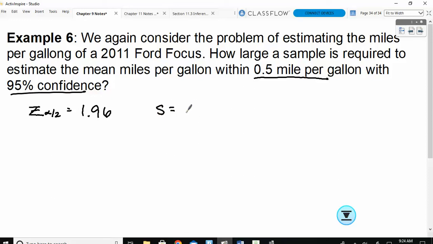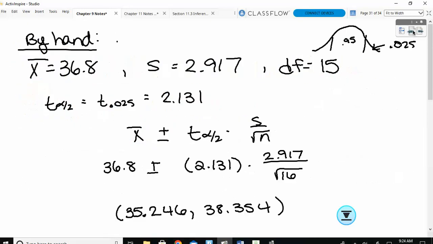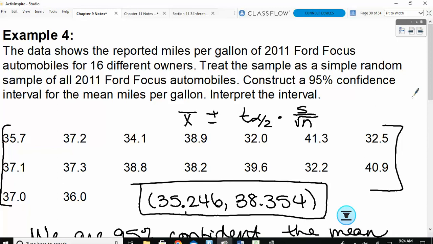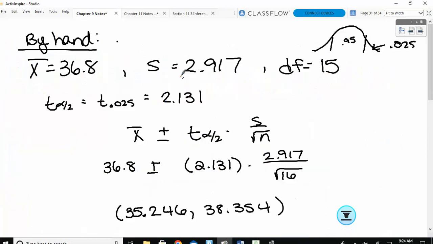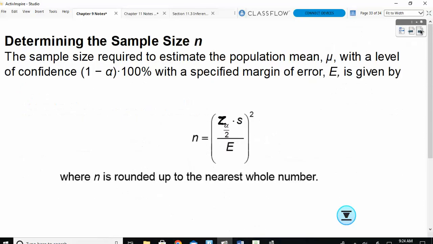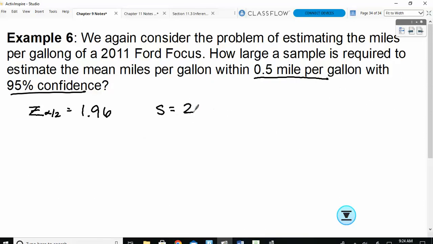Standard deviation, we did this a couple examples ago. So let's pull that standard deviation from this one. When we did standard deviation, it was 2.917. All right, my error, how much error am I allowing? 0.5.